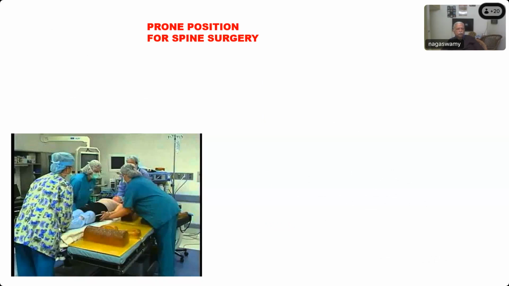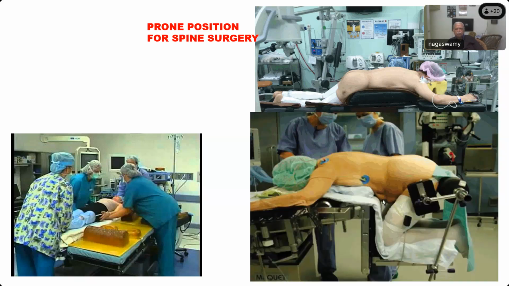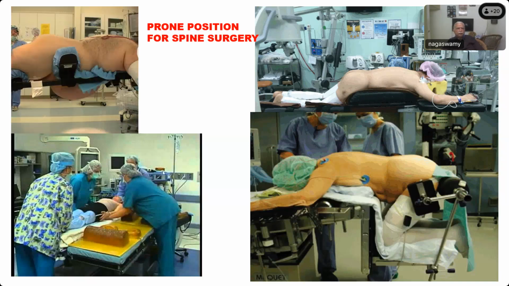So the patient's arms are abducted by the side, and the patient is to be rotated, and see how nicely they have positioned it. And even though this looks like a full support, you can see there will be a gap for the abdomen. All the abdomen should be free.